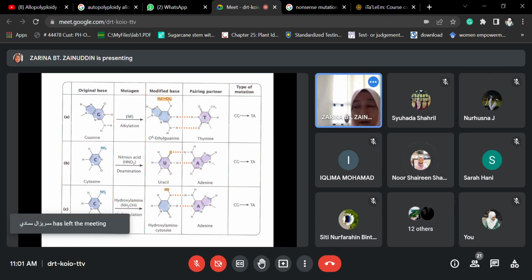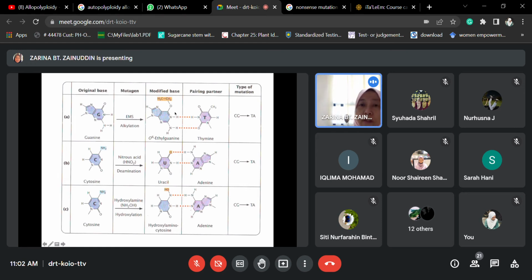Cytosine. Okay, guanine sepatutnya base pair dengan cytosine, tapi bila you expose to mutagen, jadi mutant, ada changes to the addition of ethyl guanine. So instead of guanine base pairing dengan cytosine, dia base pair dengan thymine. Okay, so this is the effect of mutagen lah.